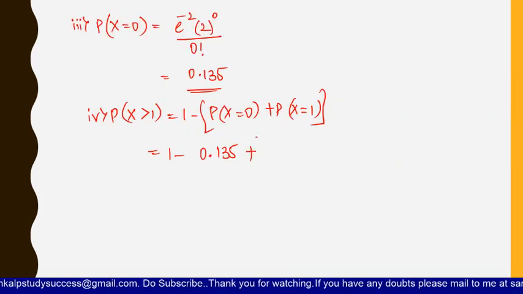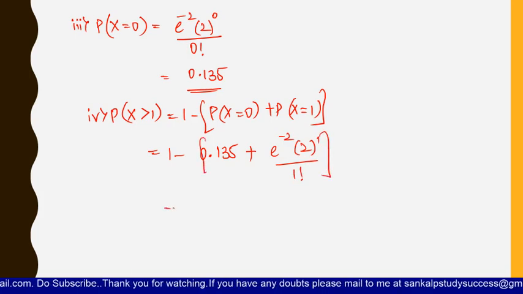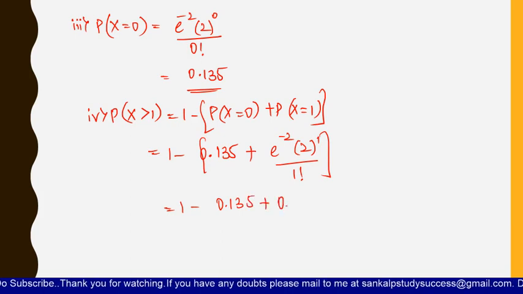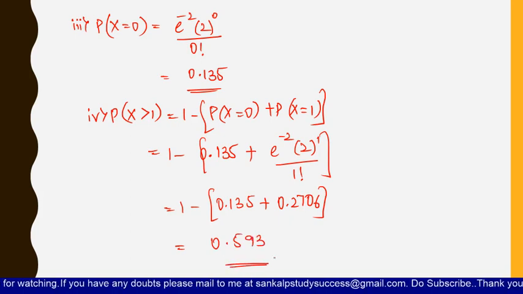Did we get that value? No. P of x equals 1 is e power minus lambda, lambda power 1 by 1 factorial. Now if you solve this, 1 minus 0.135 plus 0.2706, by calculating this you will get 0.593. In this way you have to find all the values from the given formula.